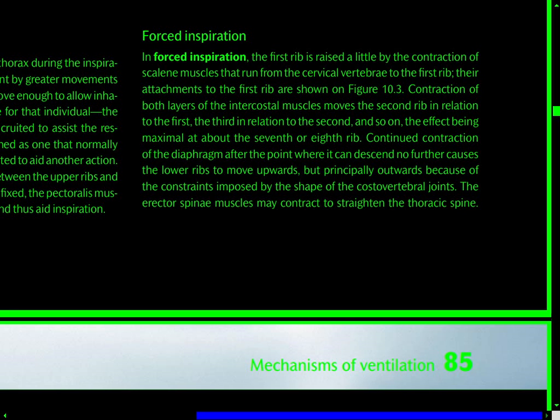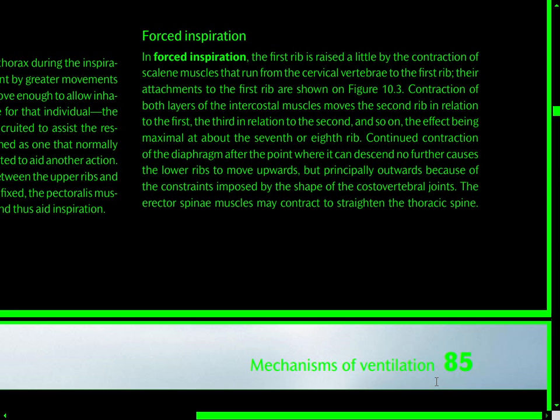The effect is maximum at the 7th or 8th rib. The 7th and 8th ribs are the strongest ribs in ventilation, here in inspiration. I don't want to waste your time much further, so let's continue.